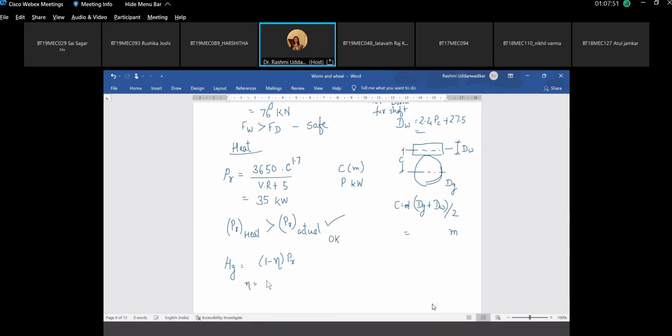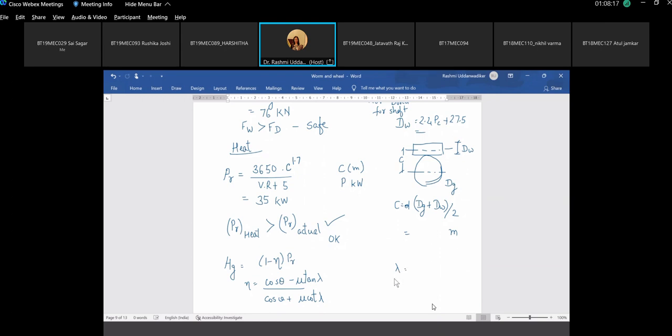The design data book gives the formula for efficiency, which we derived in another class: mu cos theta minus mu tan lambda, upon cos theta plus mu cot lambda. Value of lambda, you know.